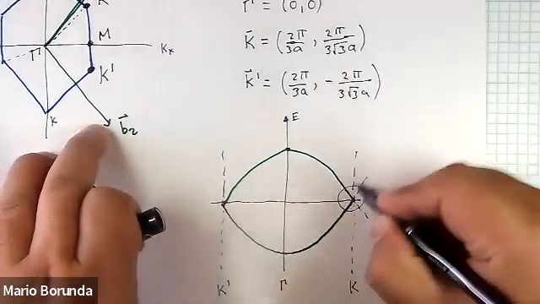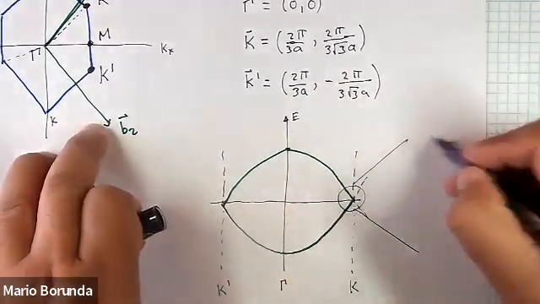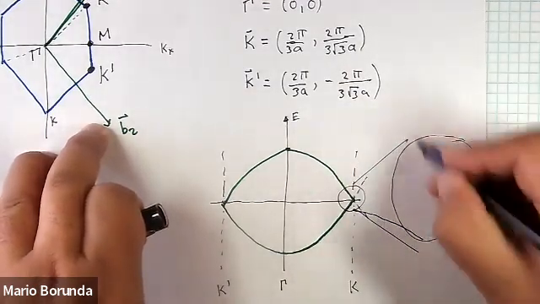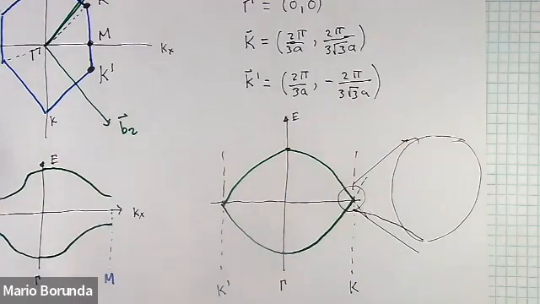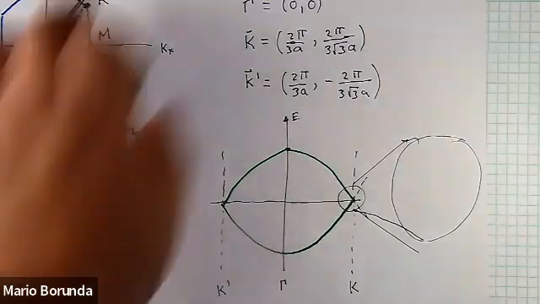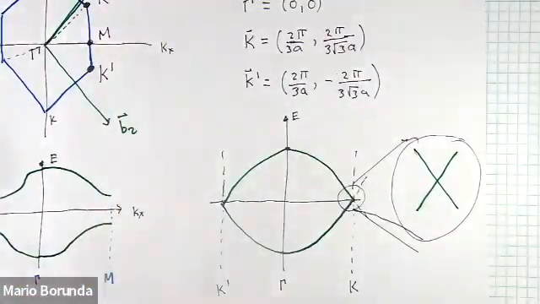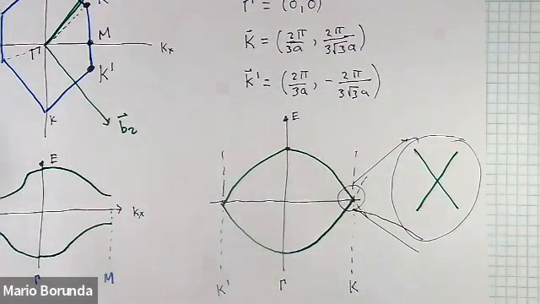All right, let's zoom in through here. So this is how you zoom in, right? What does it look like? So yeah, cross. But remember that this is like this and like this, right?